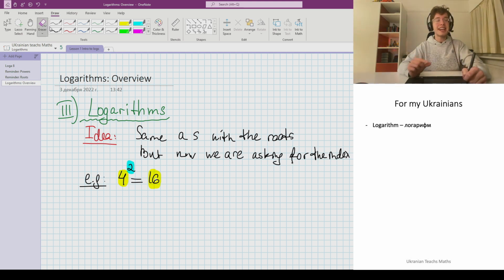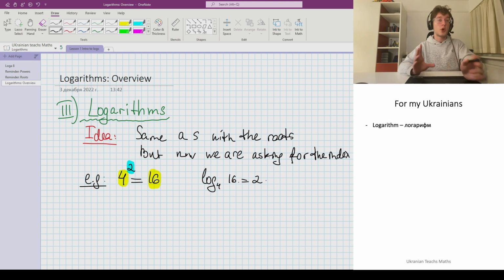What is the exponent on the top that I should take to get this result 16? And here comes our logarithm notation. We say that the logarithm of 16 to the base 4 equals 2. And this does not mean anything but what exponent should I take to get 16 when I raise 4 to a certain power.